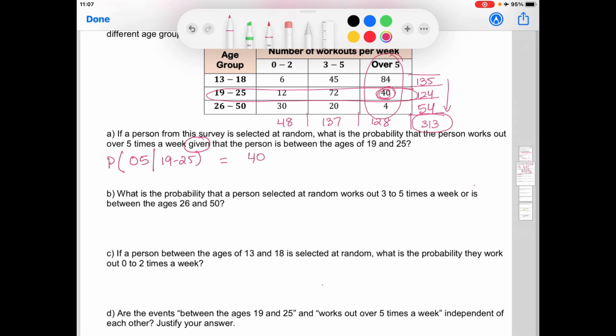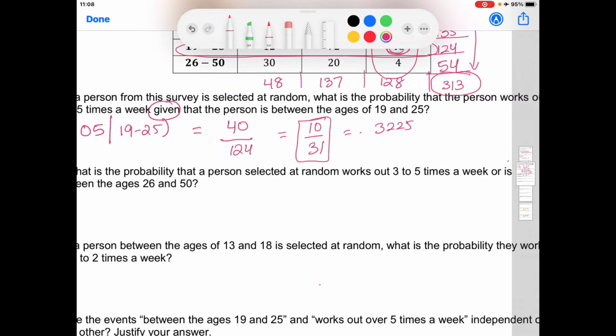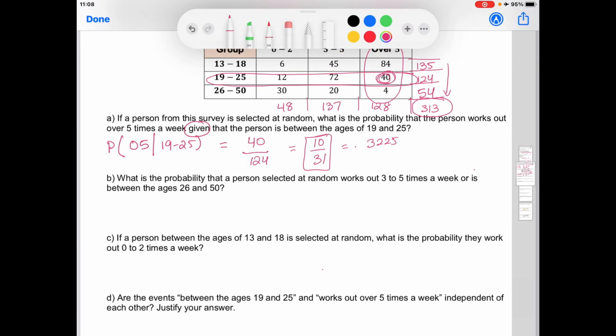That's your intersection over the given. What is the total of ages 19 to 25? It is 124. You can simplify it to 10 over 31, which is 0.3225 or 32.25%. But this answer, as long as it's in simplified form, is totally acceptable.